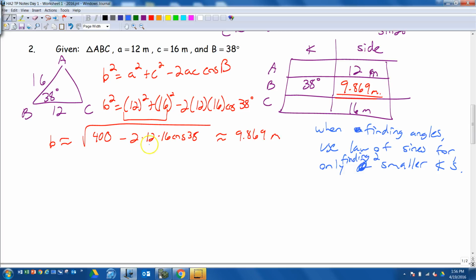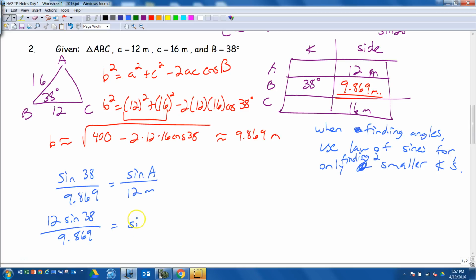So we're going to use law of sines to find angle A. Because we know angle A has to be acute, because it is the second angle in the triangle. So multiply both sides by 12. Now remember, when you're looking for an angle, you sine inverse both sides.